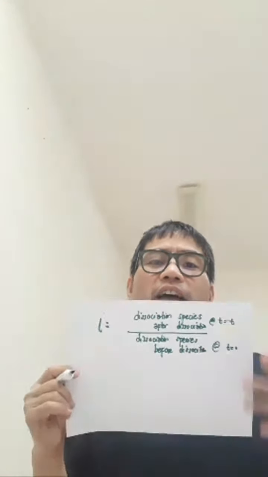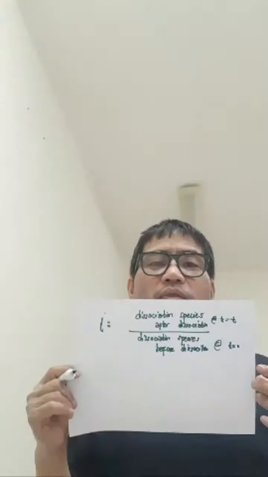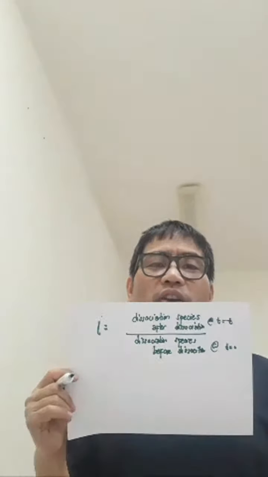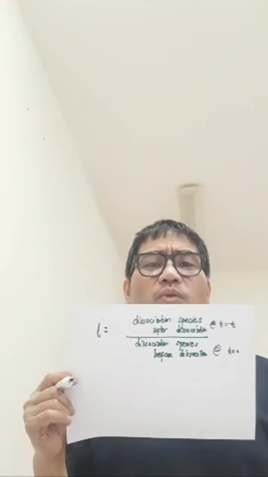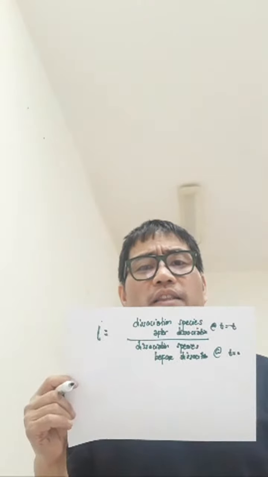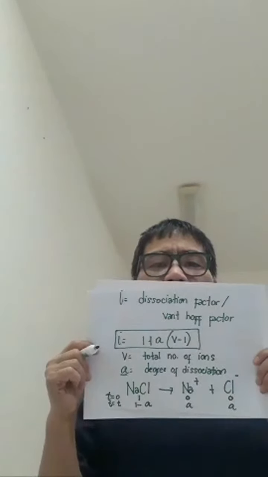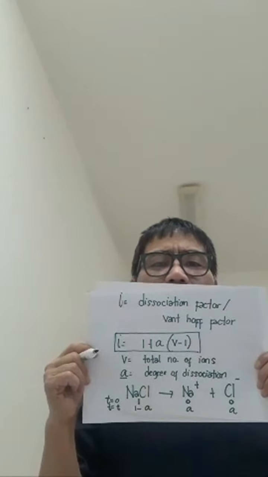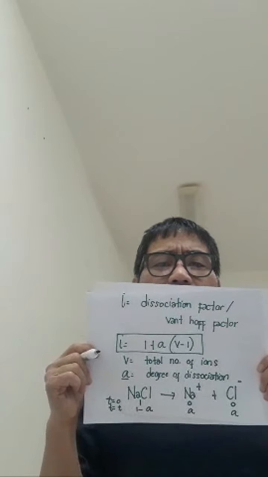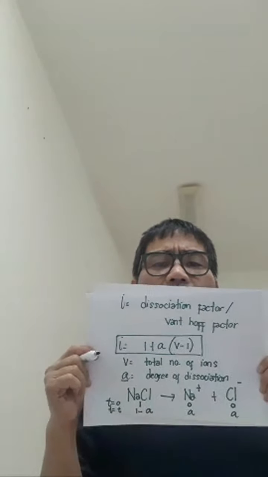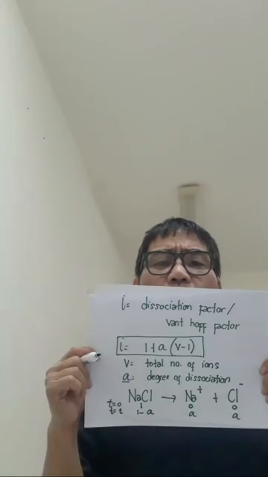During dissociation, we already have a time, t. Now, with our example, sodium chloride gives sodium positive plus chloride negative. What are the dissociation species before dissociation? That is the denominator: 1 plus 0 plus 0.